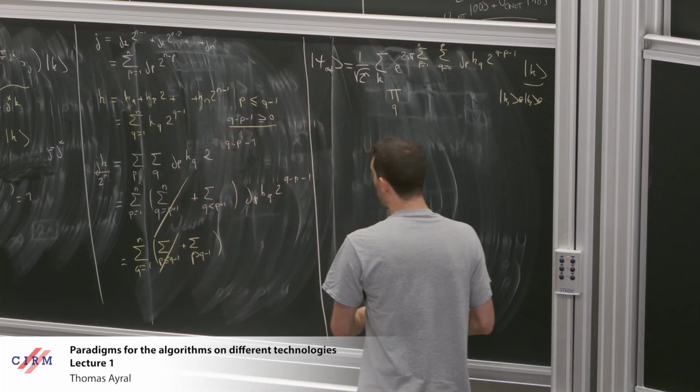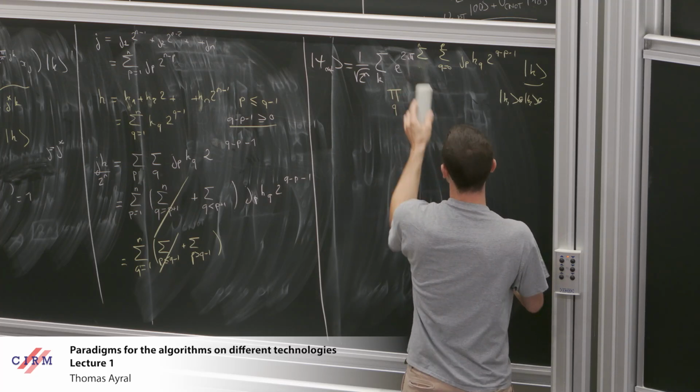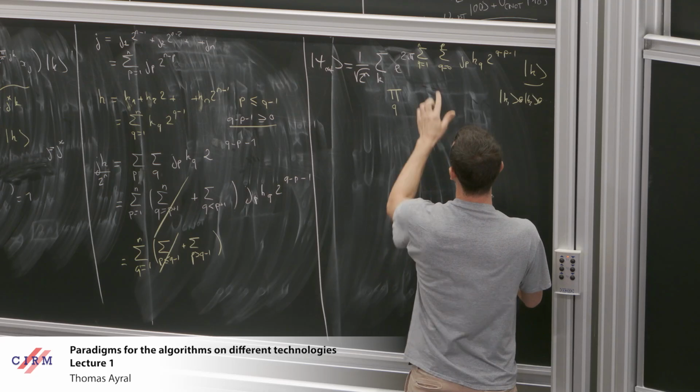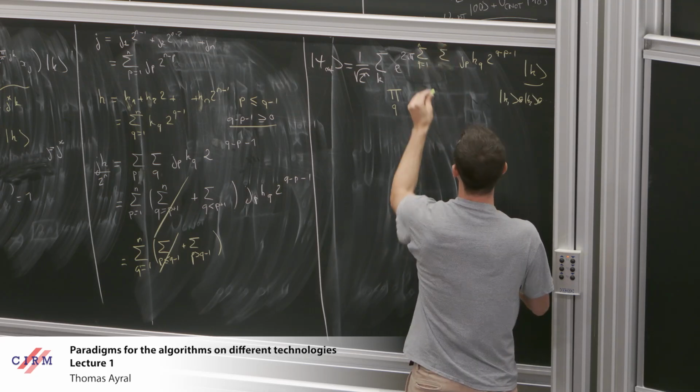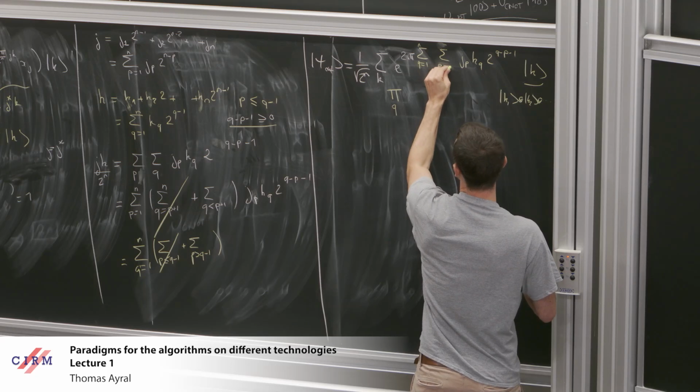So now I end up with essentially the same thing, but now it's much better for me because I get Q from 1 to n, and then I get P from Q to n.